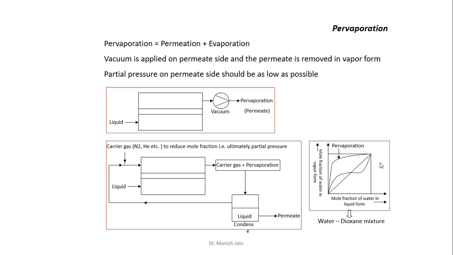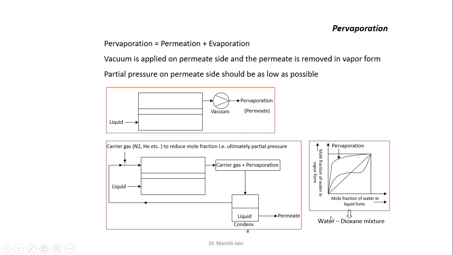This type of mixture is very difficult to separate by the traditional distillation process. In traditional distillation you need a third additive which can separate out these two components. In pervaporation we can use a membrane which is either hydrophobic or hydrophilic. The membrane may have a higher affinity towards water, or a higher affinity towards the organic compounds.